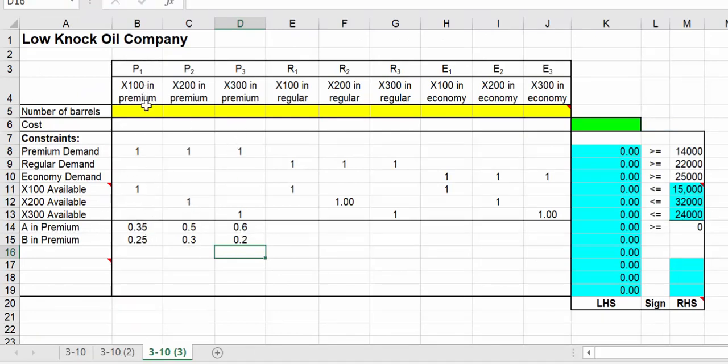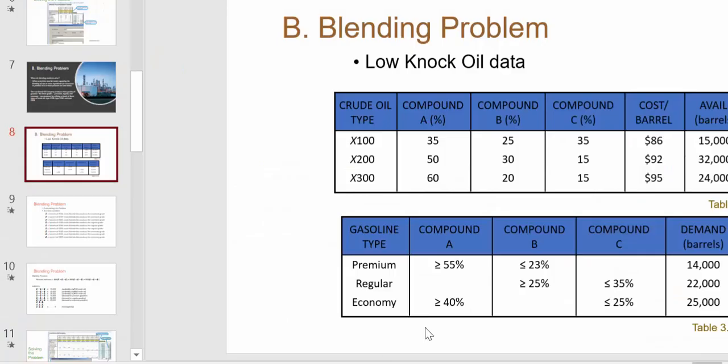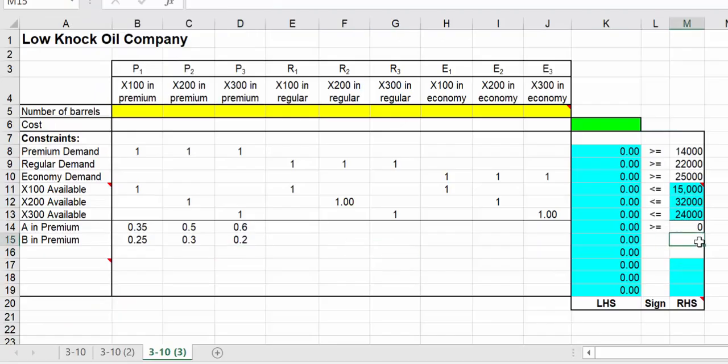So that lines up. And in terms of what we need for this one, if you look at the table, it's saying it has to be less than or equal to 23% compound B of the premium gas that we make. So of the premium gas we make, we can just have 0.23 multiplied by the amount of premium gas we're going to make, which is right here.